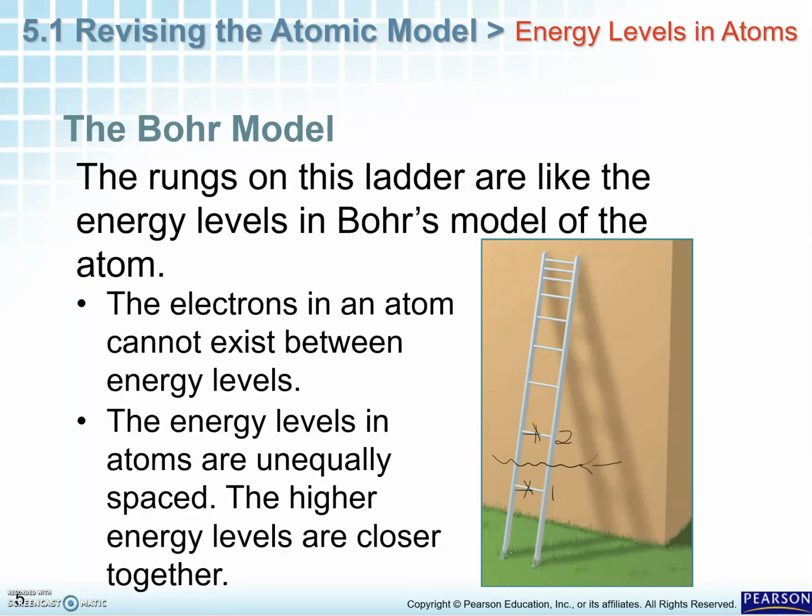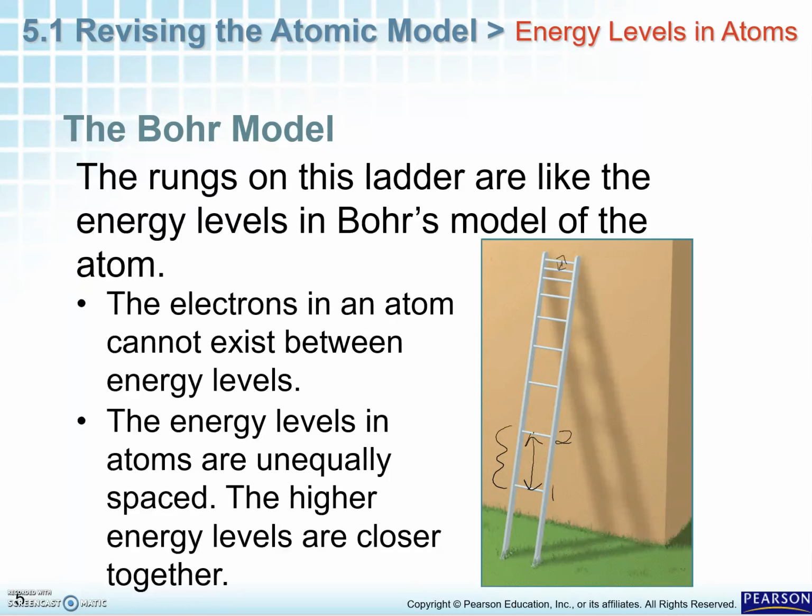There's no way to hang out in the middle where there's no rung of the ladder. The amount of energy required is unequally spaced in our ladder. Down at the bottom, the amount of energy to get from our first rung to our second is fairly large. However, the closer you get to the top, the less and less energy it requires to get from one rung to the next.